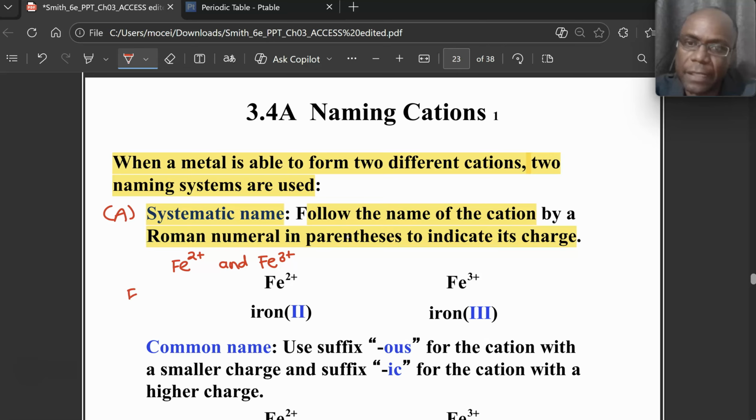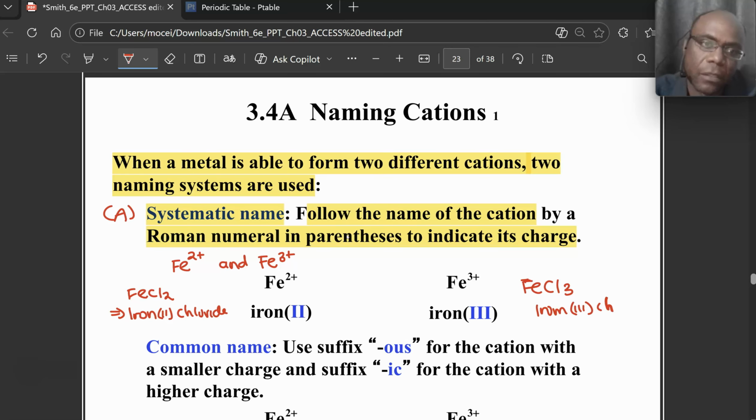So if I have this compound, the name of this should be iron 2 chloride. And this one, let's say you're given the formula like this, this one would be iron 3 chloride.